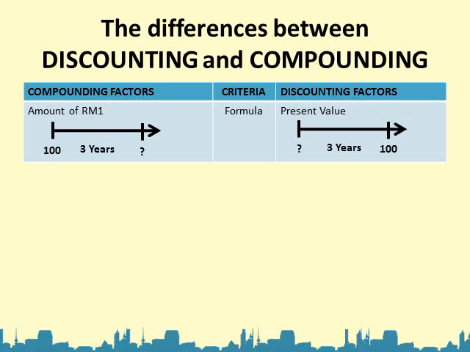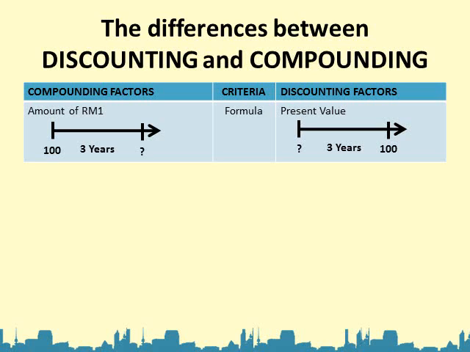Whereby for amount of ringgit, we invest at the early stage of the investment and then the money will be compounding. After certain years we will get the returns, a compounding return.